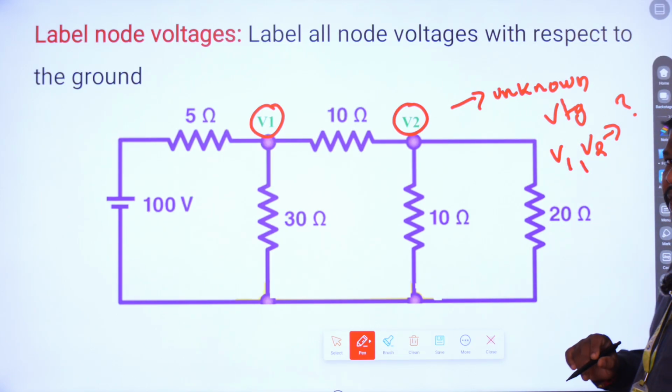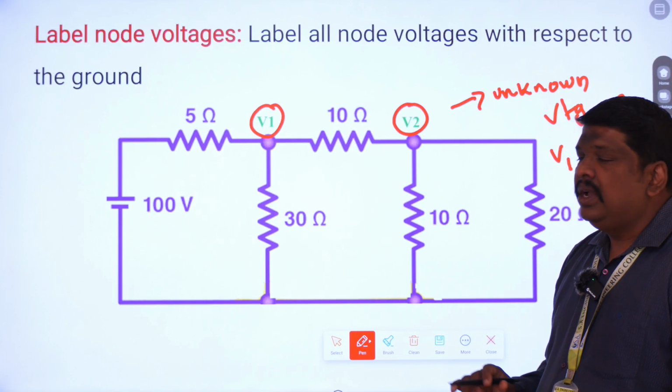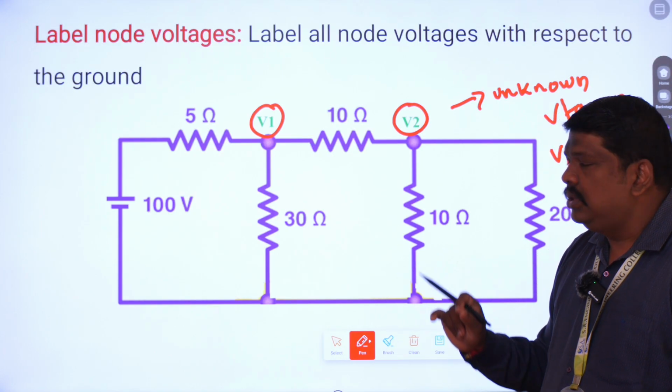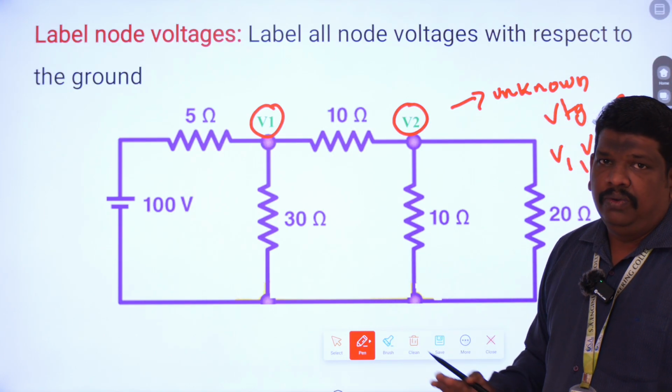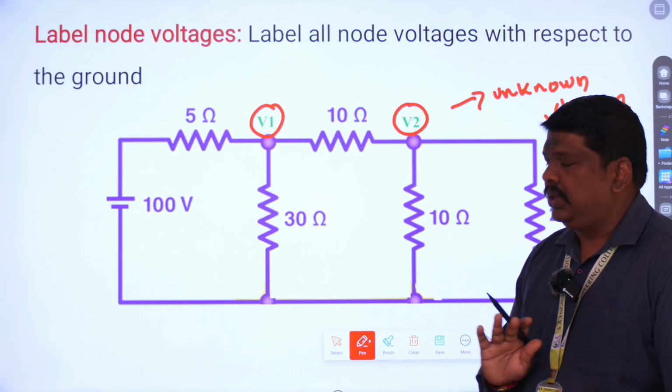This is the question given. Determine the node voltages. Here we have to determine the voltages at node V1 as well as your V2 for a simple given electrical circuit.